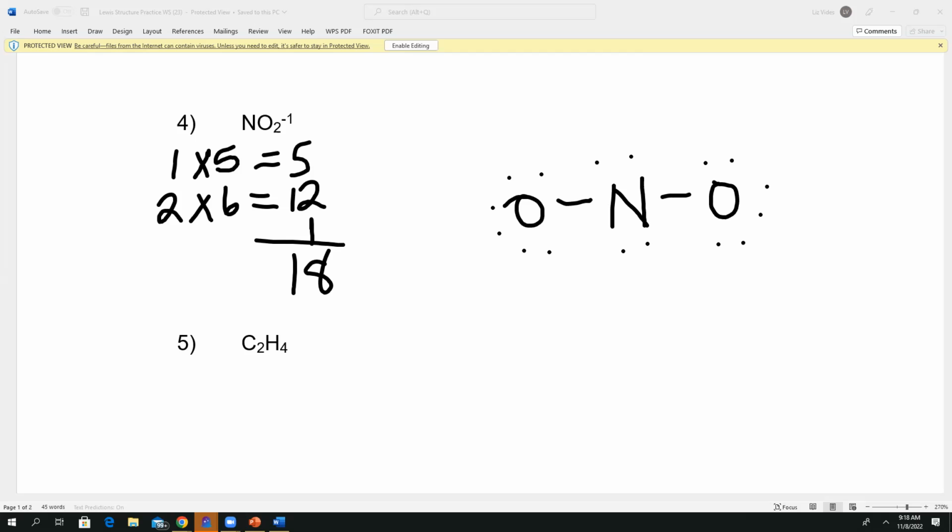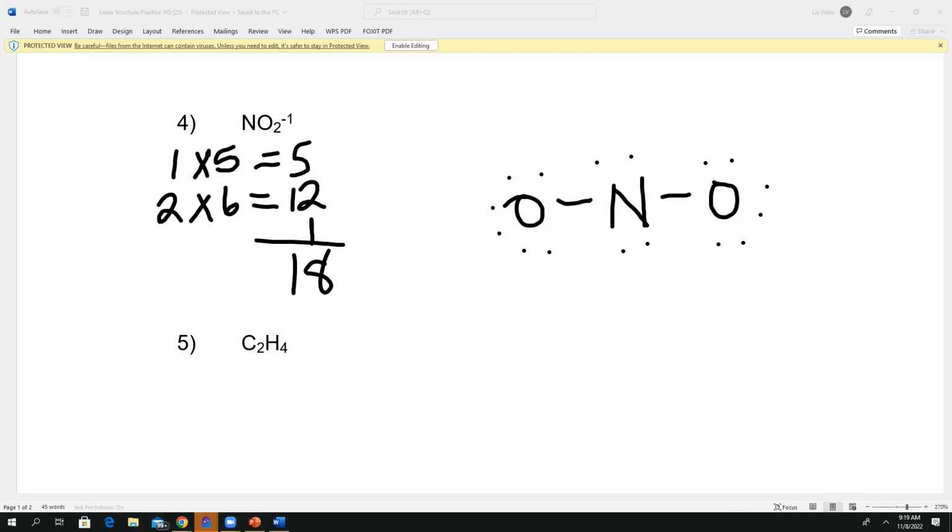Okay. How many electrons have we used? Let's see, we have 8 on each one of the oxygens, and then 4 extras on the nitrogen, yes? So that is 16 plus 4 is 20. That means we have too many.